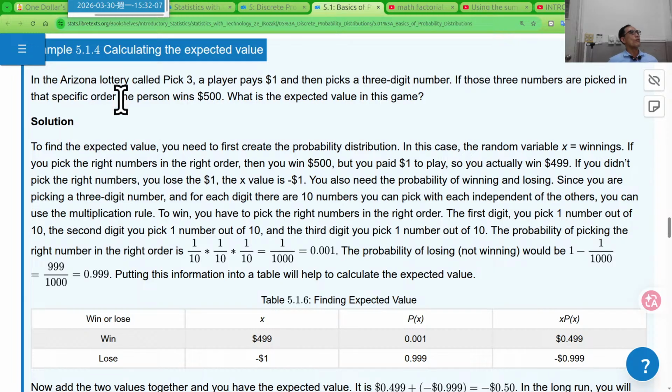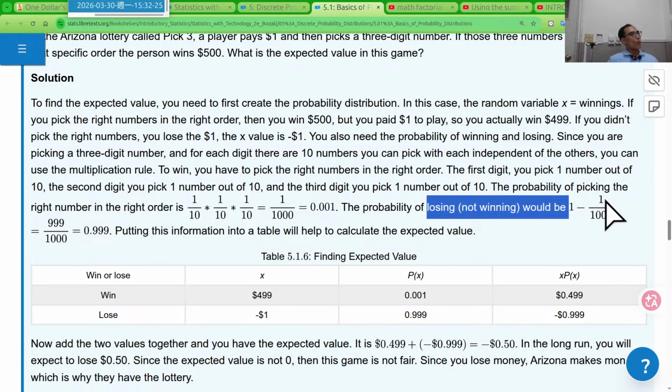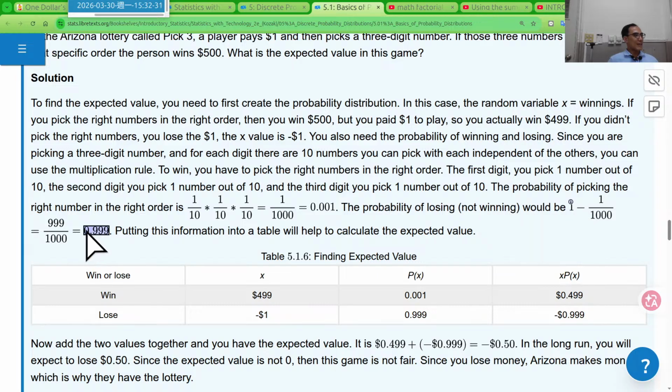Let's check the probability. 1/10 times 1/10 times 1/10 is 1/1000, 0.001. And the probability of losing is 1 minus 1/1000, which is 0.999.